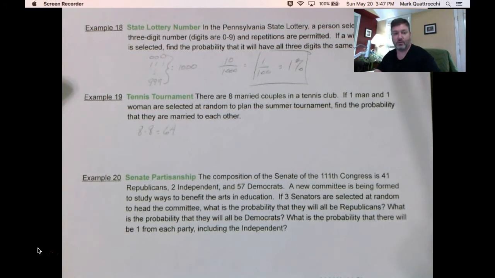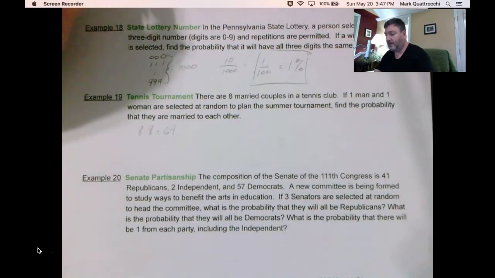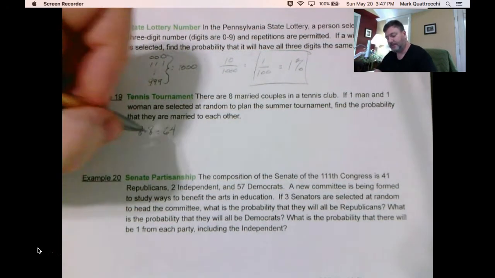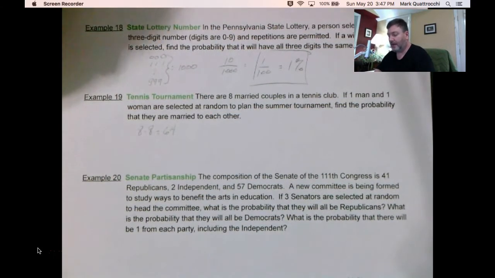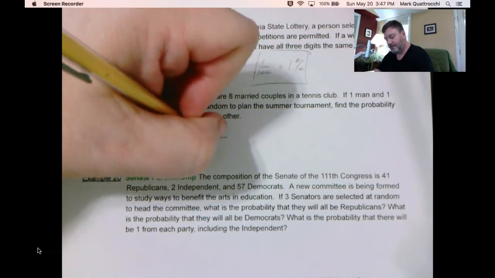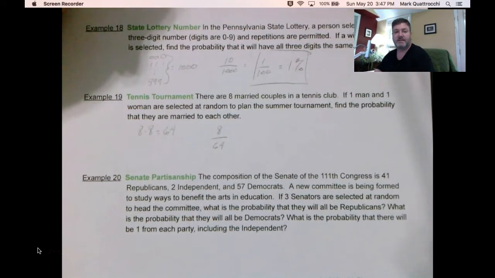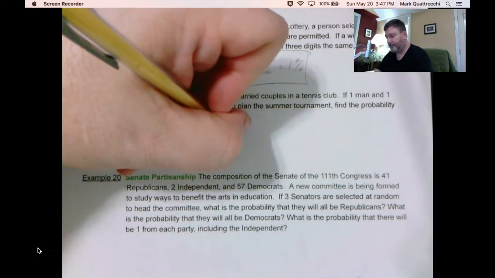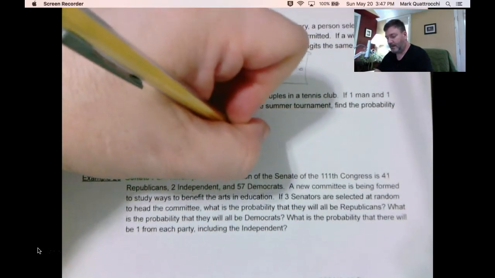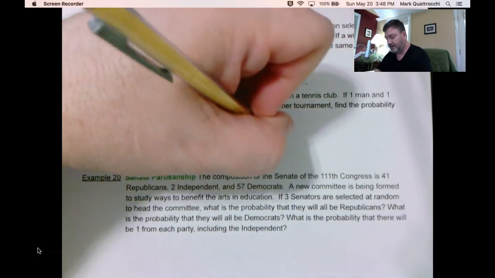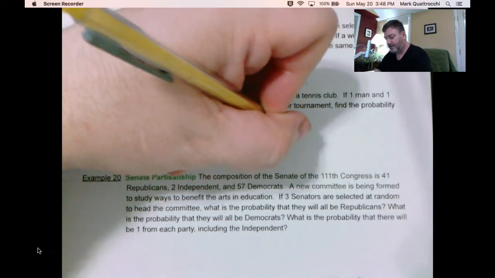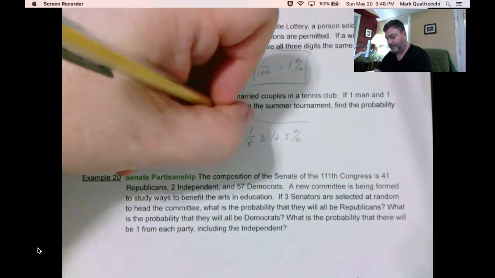All right, so that's our total in the denominator. Since there are 8 married couples, 8 out of the 64 possibilities would be married, or 1/8, or approximately 12.5%.